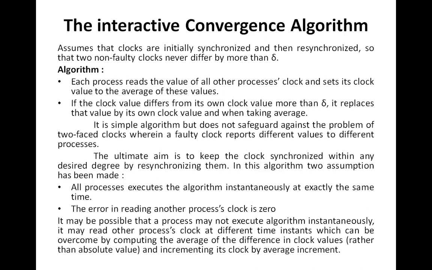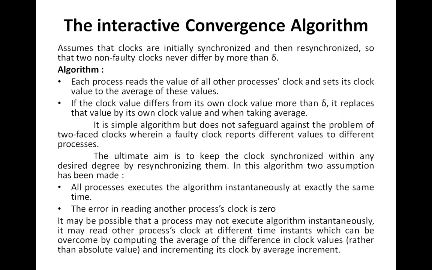if there are faulty clocks, faulty processes, which report different values to different processes, that kind of problem is called two-faced clocks, because the faulty processes report one clock value to one process and another clock value to another process.